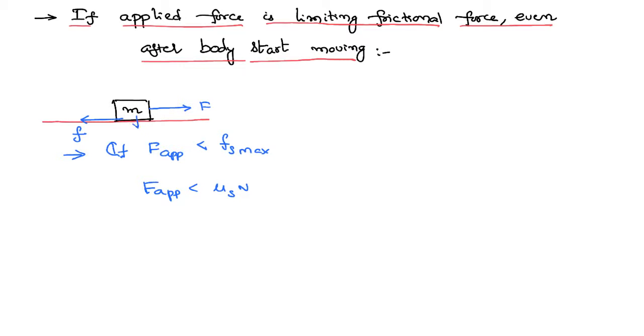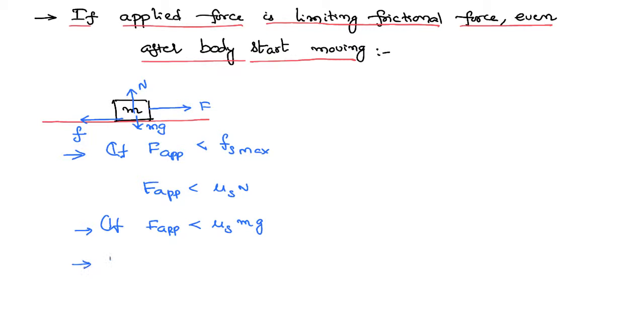In this case, the upper body applies a weight on the lower surface, hence the normal reaction is the force applied by the lower surface on the upper body, which is equal to the weight of the body itself. That means until the applied force F is less than mu s mg, the body will be in the state of rest itself.